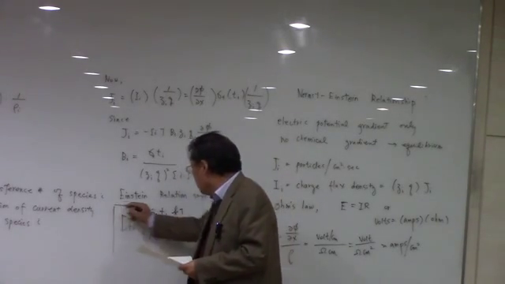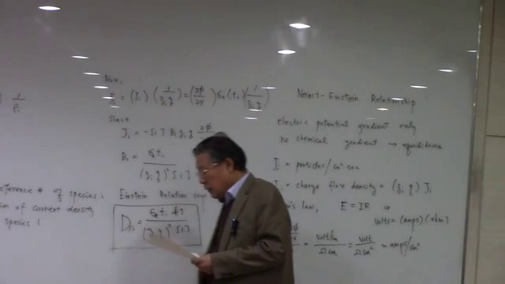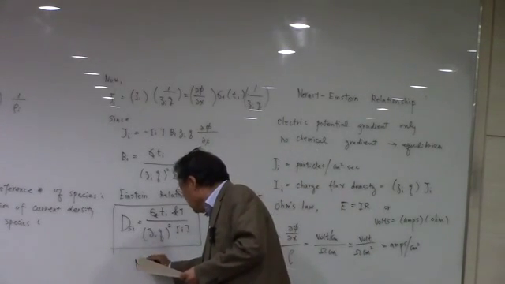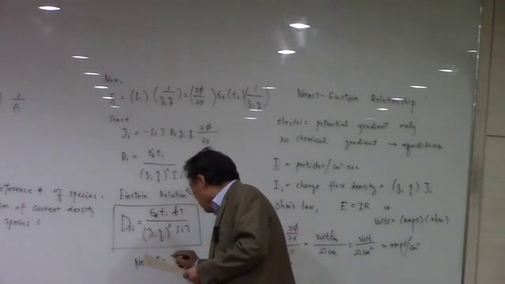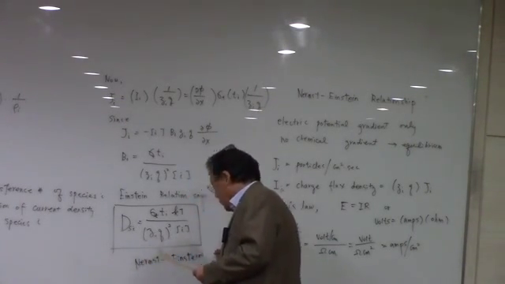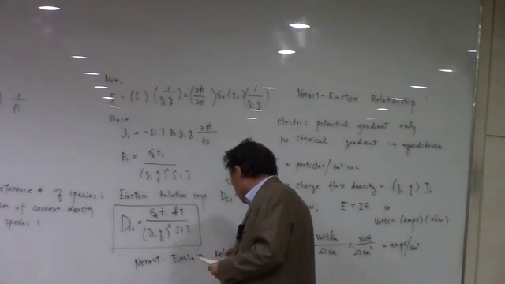And this is going to be called the Nernst-Einstein equation.